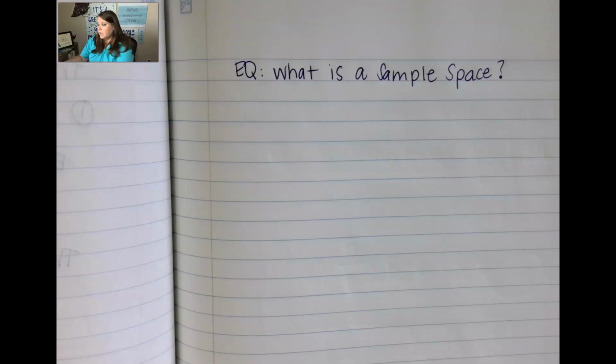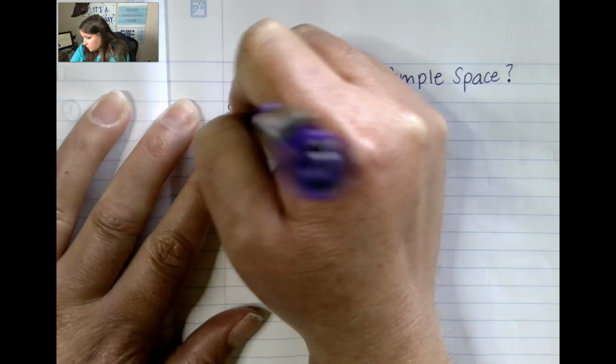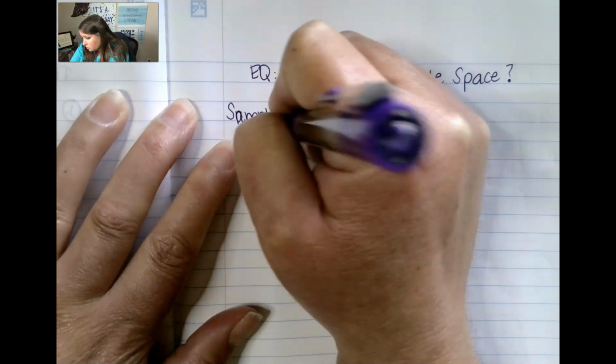So first of all, let's look at our vocabulary word for today, which is sample space.